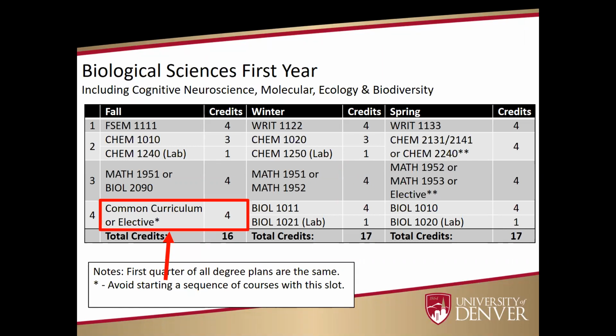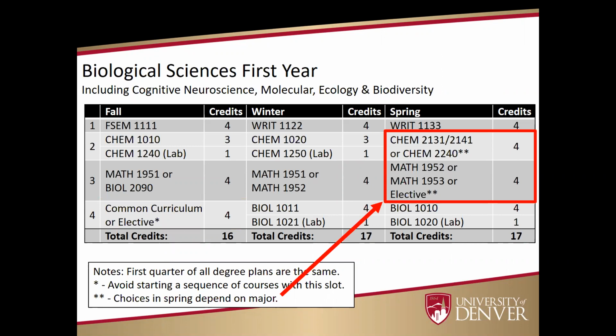The next box is to talk about your choices in spring, depending on your major. So for instance, for the math, the 1952 or Math 1953 or an elective, if you're getting a BA instead of a BS, then that will vary on your third quarter.